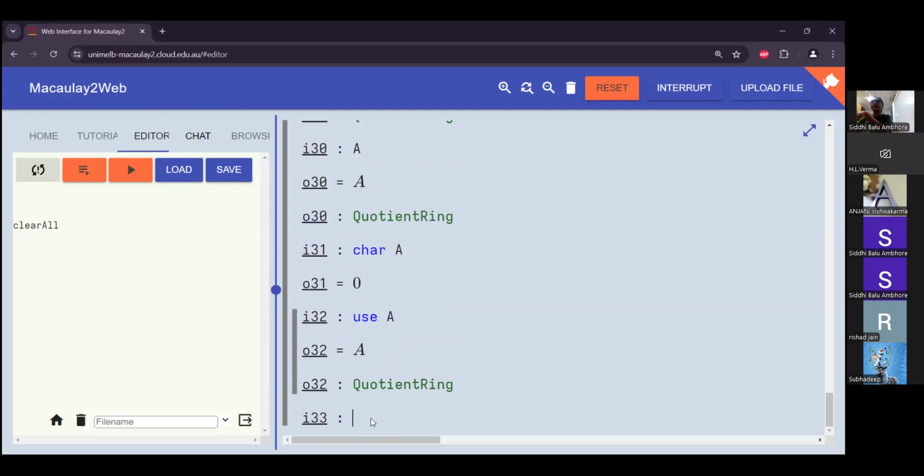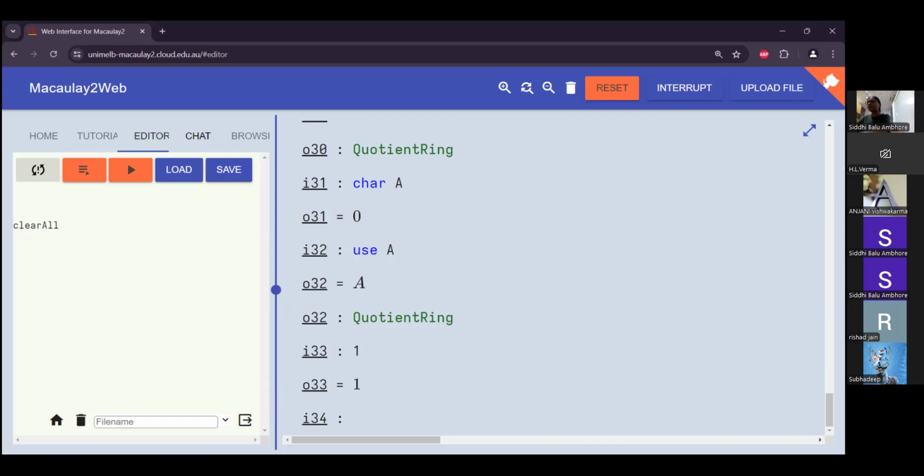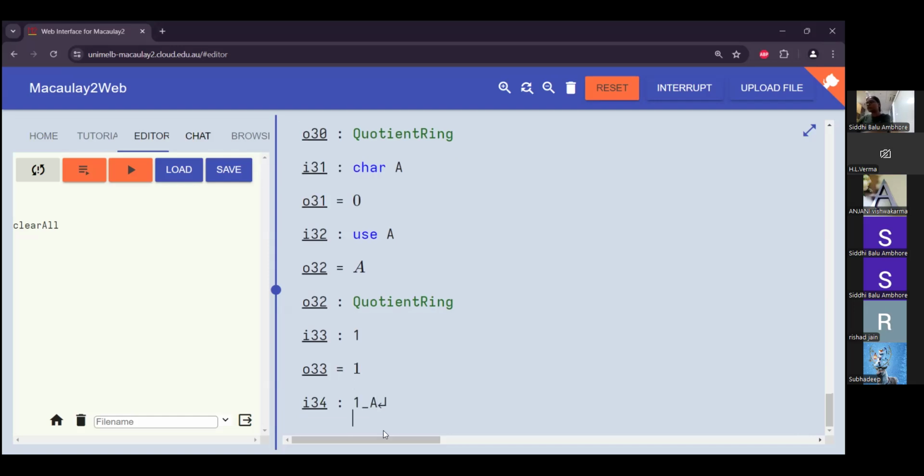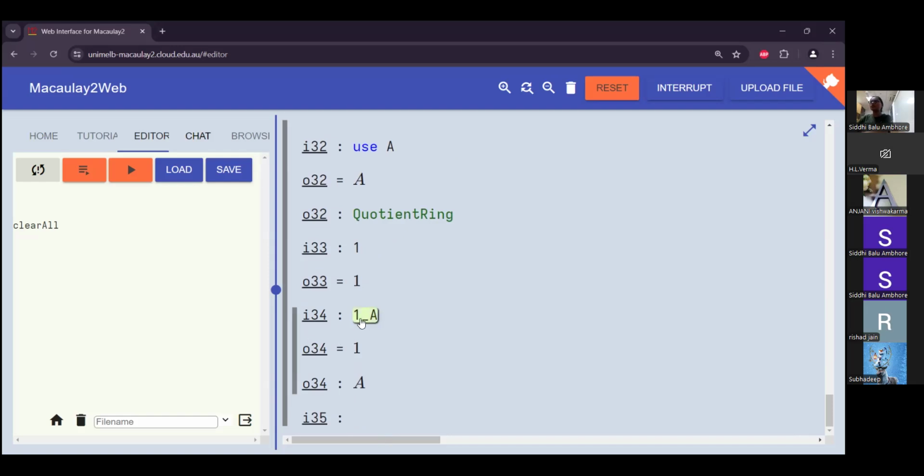So all the quotients, variables and numbers which I will be writing after this use A command, the calculations will be carried out in A. For example, if I write 1 here, it's showing 1 sub A. So when I wrote this 1 earlier, it just considered 1 from Z. But when I write this 1 sub A here, it considered the 1 of the quotient ring Z[x] mod x square.